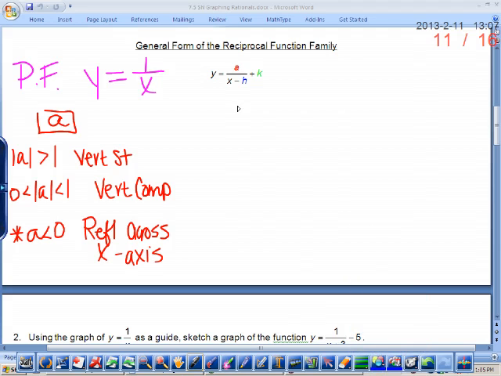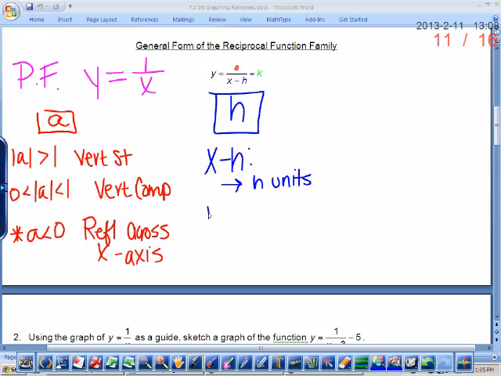Okay. The h value is going to do what it's been doing. If you have x minus h, what does that tell us to do? Move it over to the right h units. What if we have x plus h? Left h units. So that's still the same.